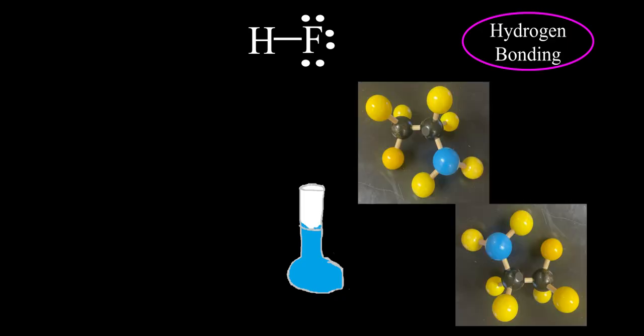Hydrogen bonding: water has lots of it because you've got H bonded to O. Hydrofluoric acid would also exhibit hydrogen bonding. This one would exhibit it because of the amine. The blue atom at the end of the molecule is bonded to a hydrogen, creating hydrogen bonding.